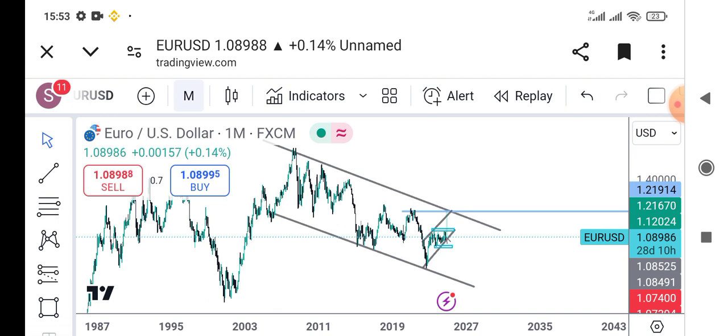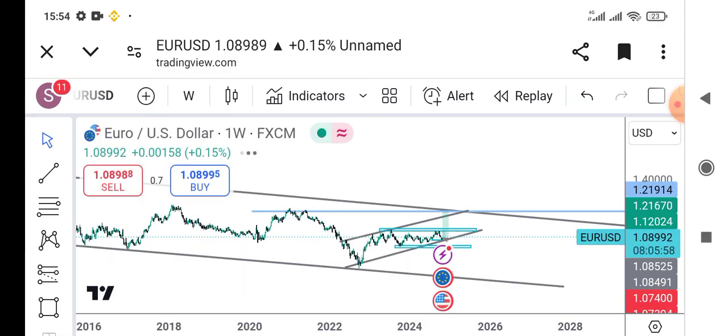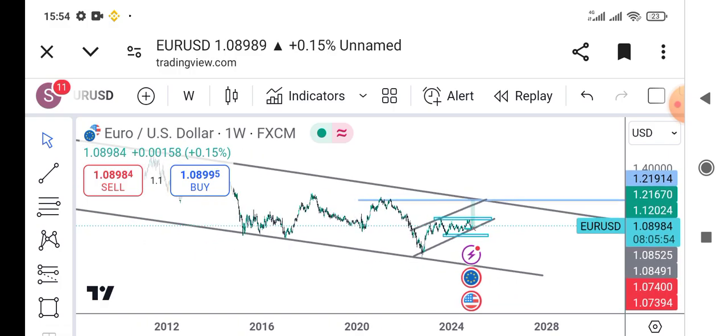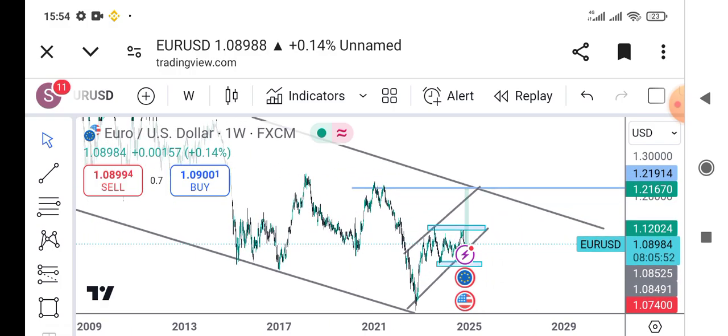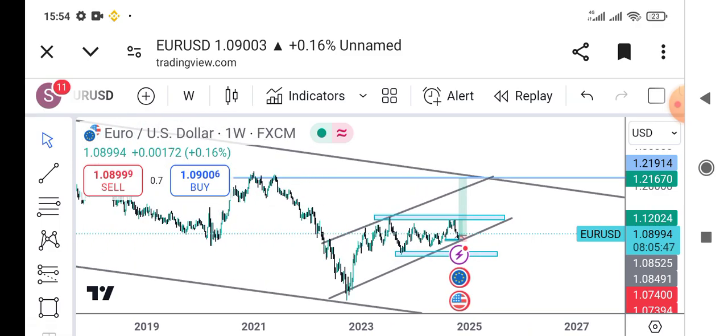Then from monthly, you go to your weekly chart. On your weekly chart also, you are still able to identify the impulse and the correction.